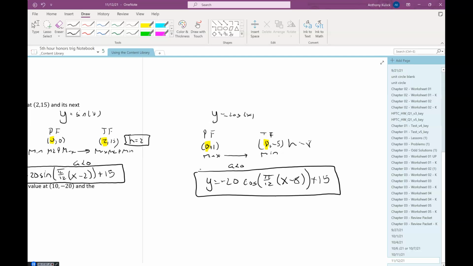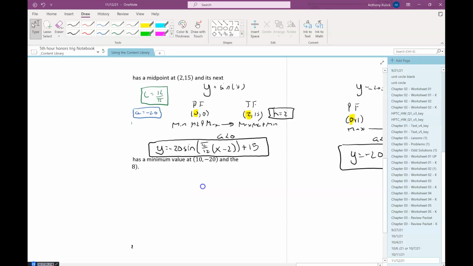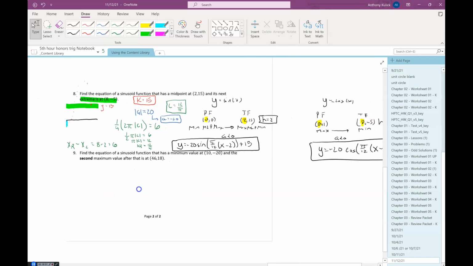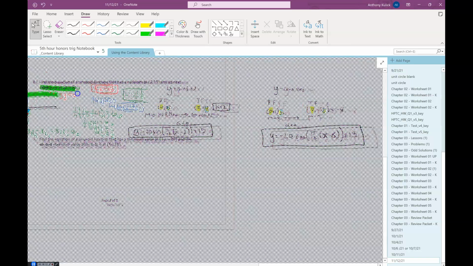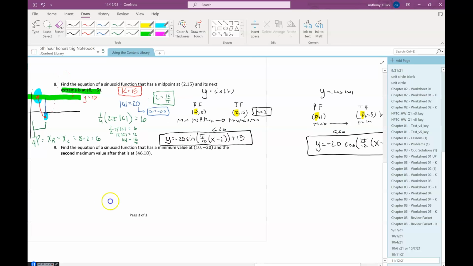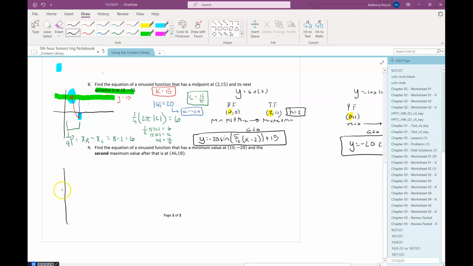Did you say 9? Okay. So pretty similar, right? It says find the equation of the sinusoid function that has a minimum value at (10, -20), and the second maximum value after that is (46, 18). So I'm going to start kind of the same way by drawing a picture.